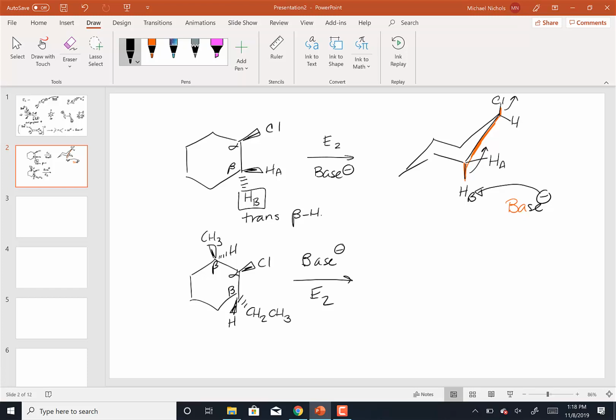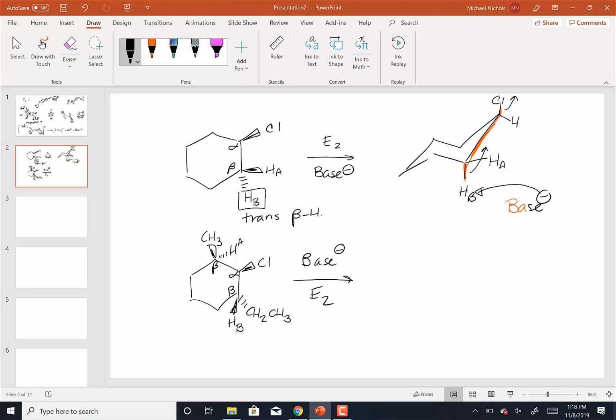Okay, so then what hydrogens can be removed? Can I remove HA? Can I remove HB? Can I remove both of them? Well, what's going to dictate that? Is that beta hydrogen anti-periplanar?